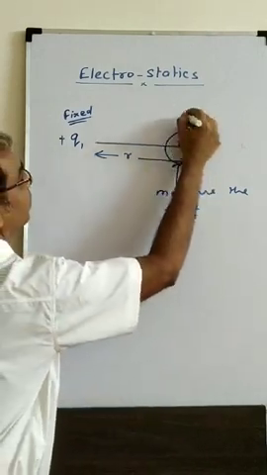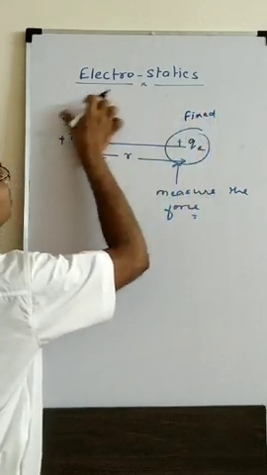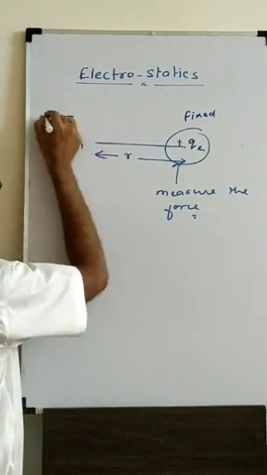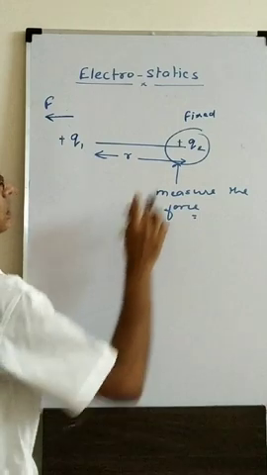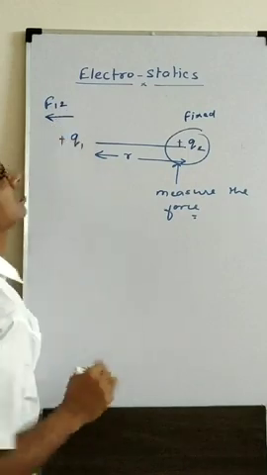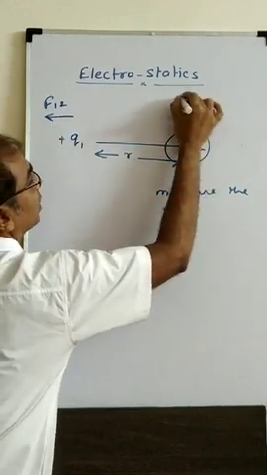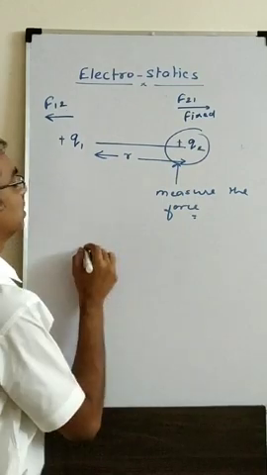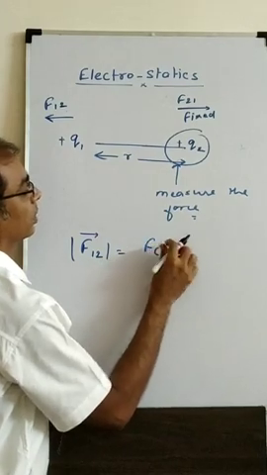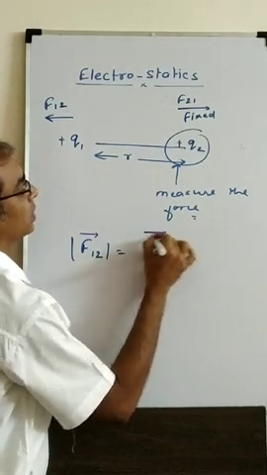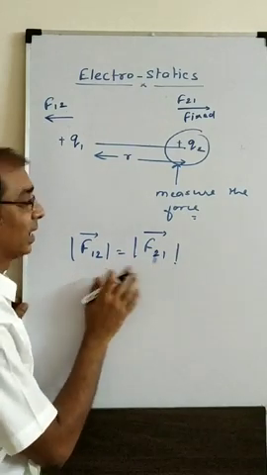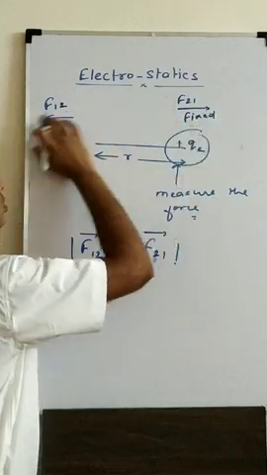Same way, we will make this one fixed and measure the force on Q1 the same way. Then what we found? The force exerted by Q2 on Q1 and the force experienced by Q2 due to Q1 are exactly equal in magnitude, and in opposite directions also.